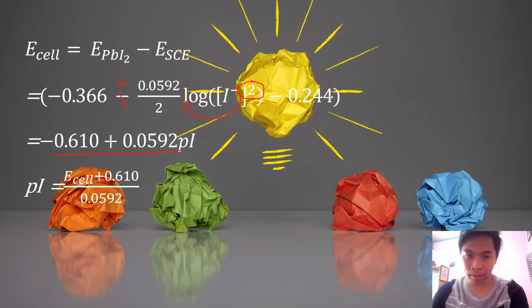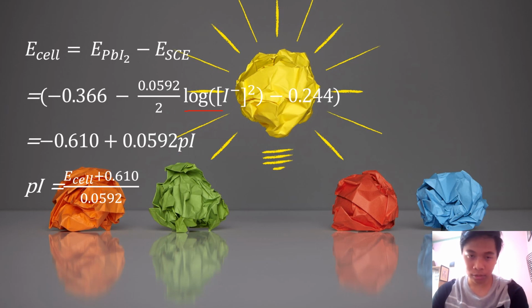Then because of the 2 beside the log, it will cancel the 2 here, and these will just add up together. This will then result in negative 0.610, which is the addition of these two. And this is the result of the cancellation of the signs by bringing down negative 2 from I, which is the log of I equals pI.